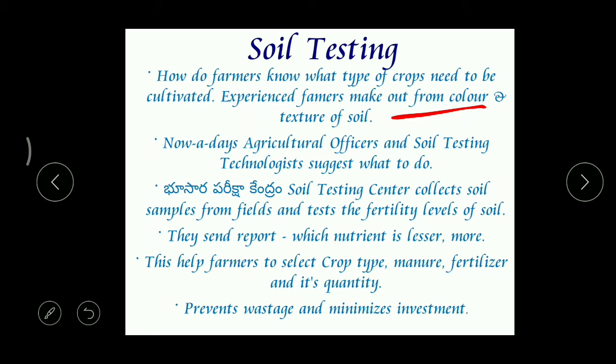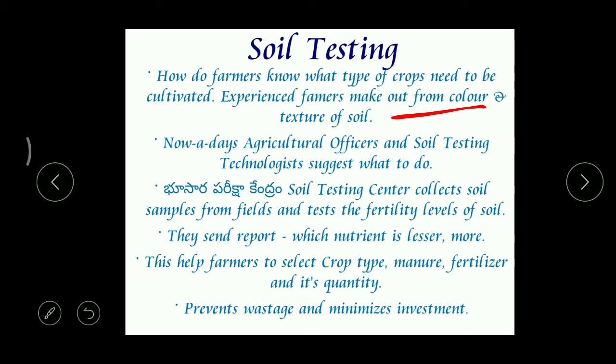By observing all these things, they select the crop which is suitable to grow in that soil. Okay, this all comes by experience. But nowadays the farmers don't have sufficient experience. That's why it is better to go for soil testing.